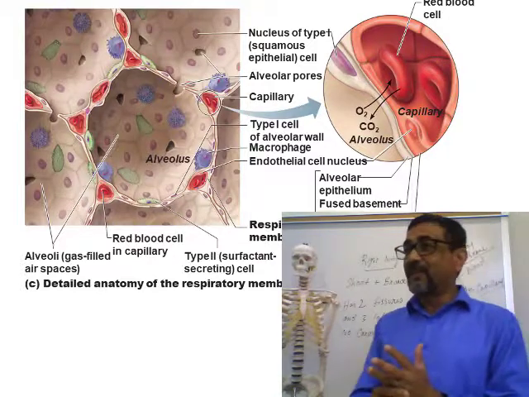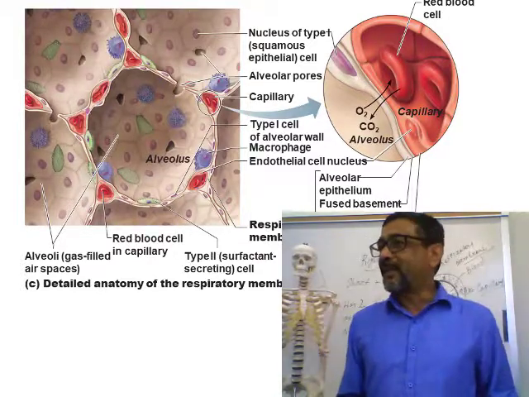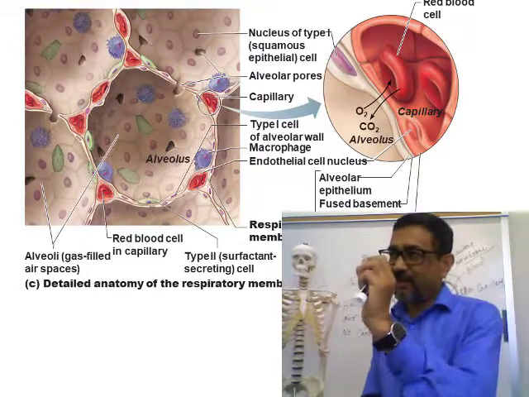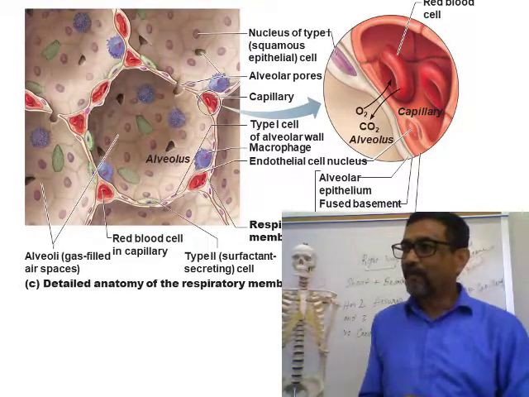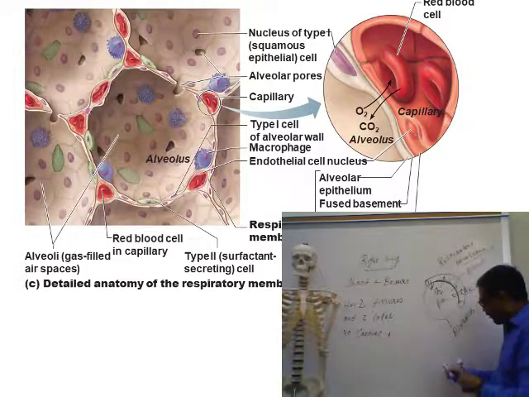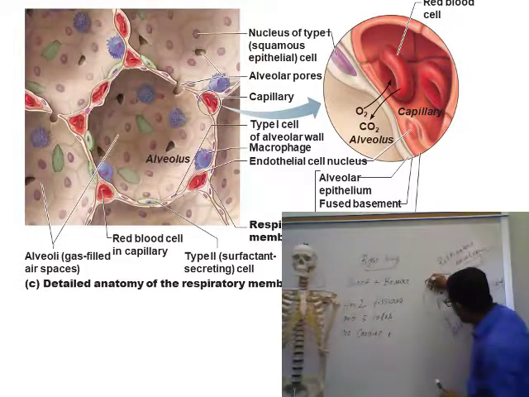Now the question is, what is surfactant? Surfactant is a fluid, or you can say a chemical that lines like this along the inner surface of the alveolar wall. So this is surfactant.